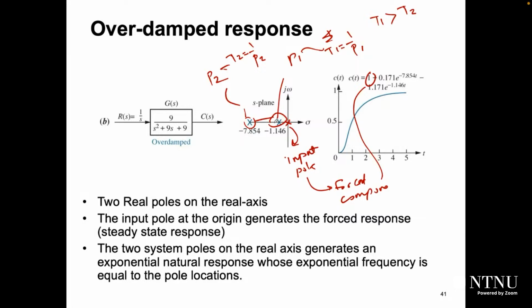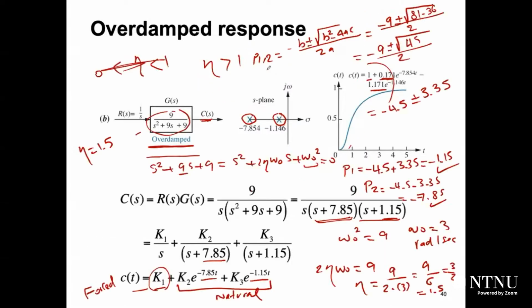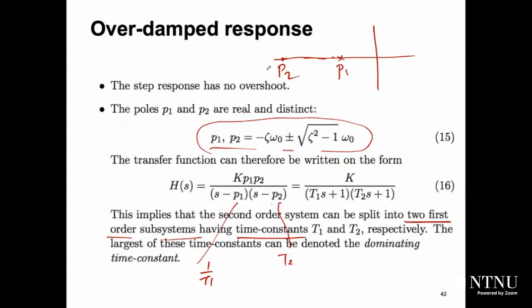It's 1 divided by a small value, so it will generate a bigger value. So T1 will be greater than T2, which means P2 will be faster, right? So we can say that it will generate first order systems with time constants T1 and T2 respectively. The largest of these two time constants can be denoted as the dominating time constant, right? One will be dominating.